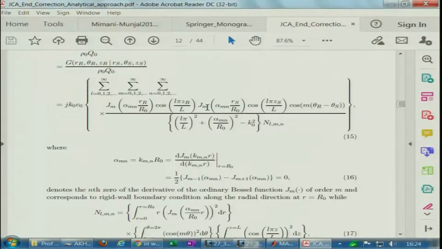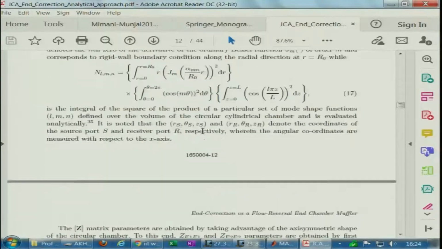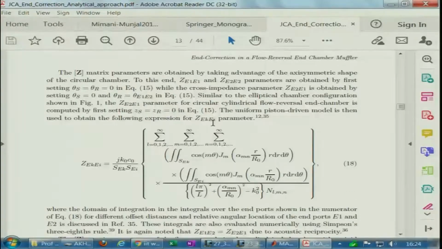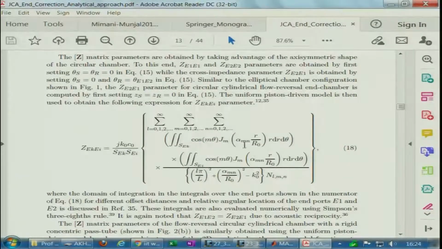Now, you get this Green's function solution and mode orthogonality, and basically again you have to integrate the Green's function over the port area. If the ports are located at both end faces, as we saw in the configuration a while back, you just have to integrate the Green's function J m alpha m n r by r naught multiplied by cos m theta, r dr d theta, over the end port E k, and E i is the other one.